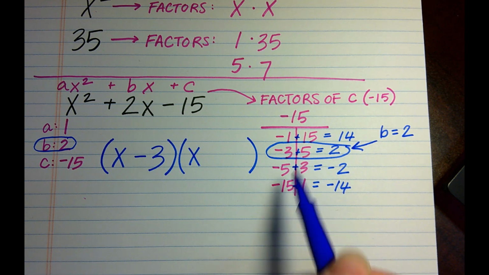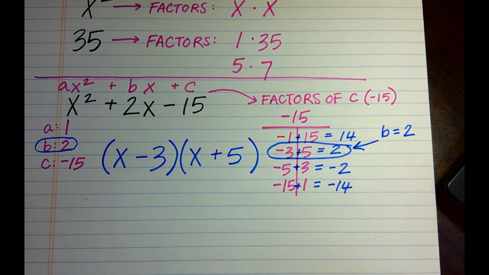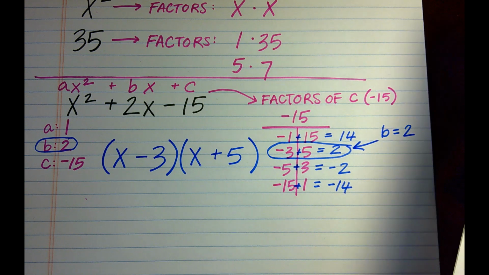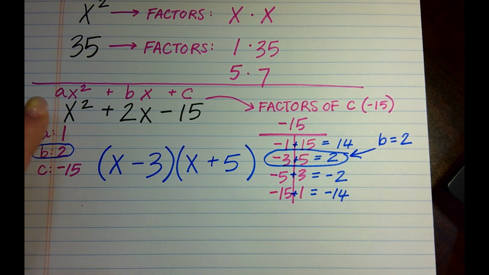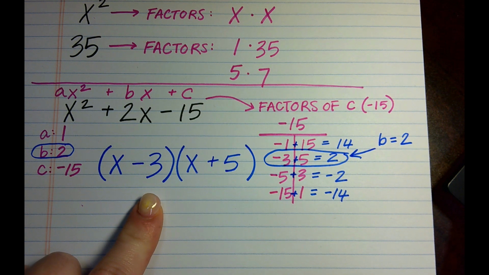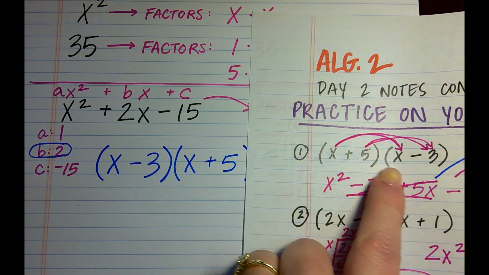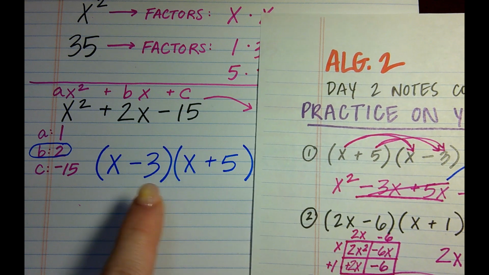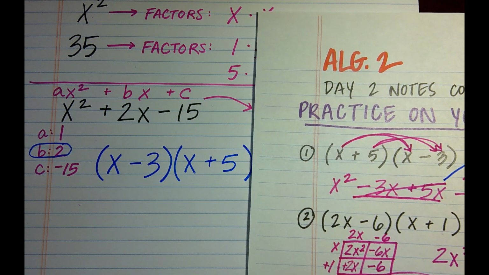And next I have +5, so I'll do +5. And look at this. We started with the answer to number 1, and we just factored it. This is the numbers we started with before we multiplied. Even though they're in a different order, it's still correct.